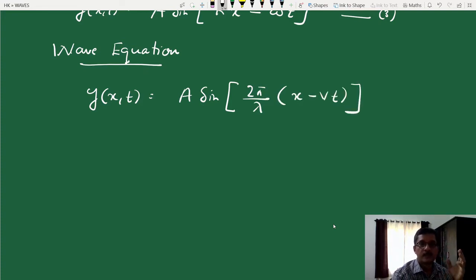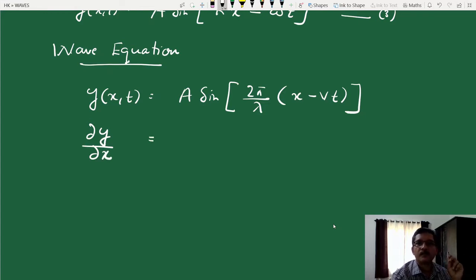So we need a differential equation for this wave. The solution of that differential equation must be this. So we need a differential equation which is satisfied by this wave function. So let us try with the space derivative first. So find dou y by dou x. I am using partial derivative because y depends on both position and time.